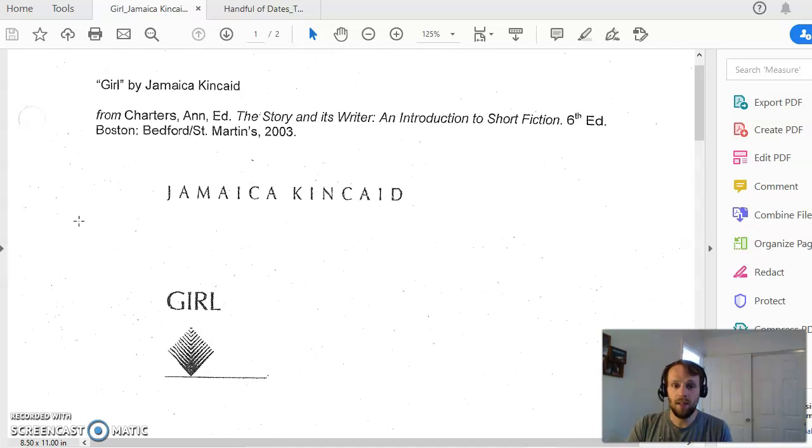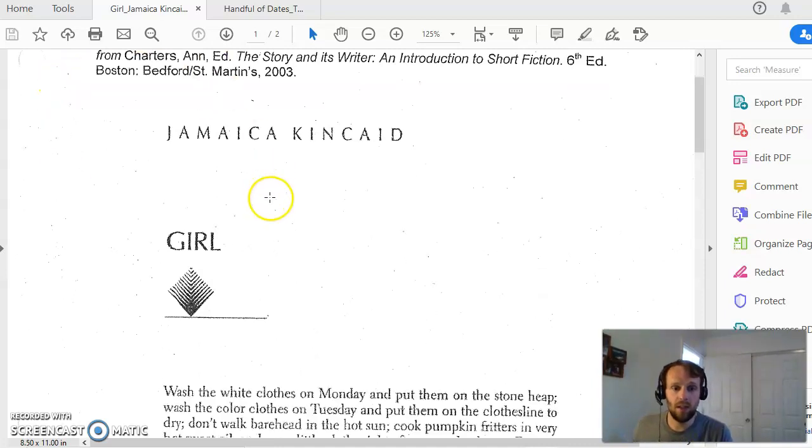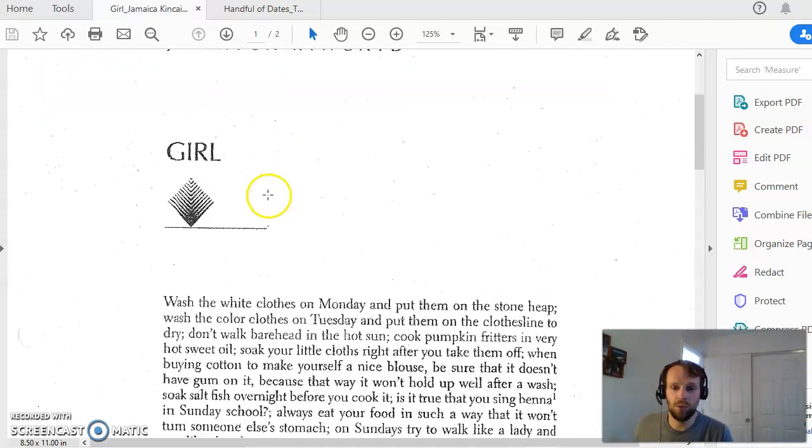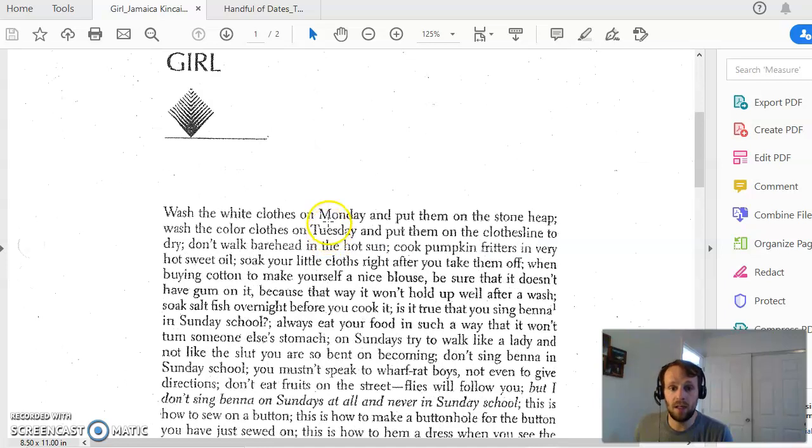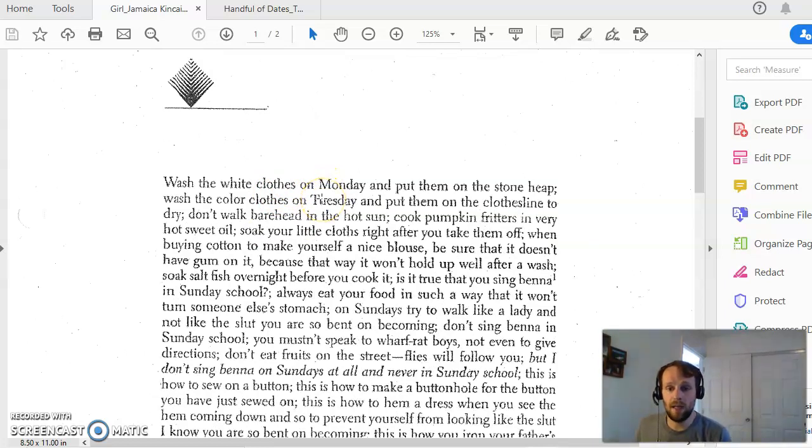In the text, we see a series of chores and suggestions and demands, all of these things that the narrator thinks that the girl must do, must know in order to be a woman in society. And so that's our background.